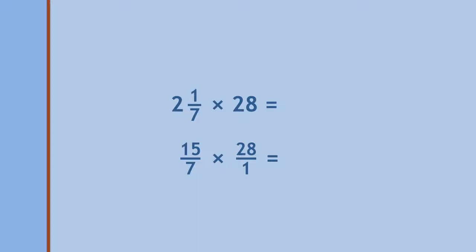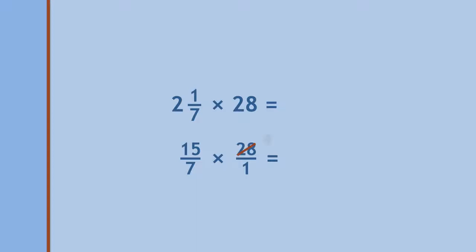Okay, and now let's think back to our last lesson when we talked about cancellation, because in this problem we can simplify it even further by canceling before we multiply. So 15 and 1, there's not a factor common to both of those numbers. However, there is a factor common to both 7 and 28, and that is the number 7.